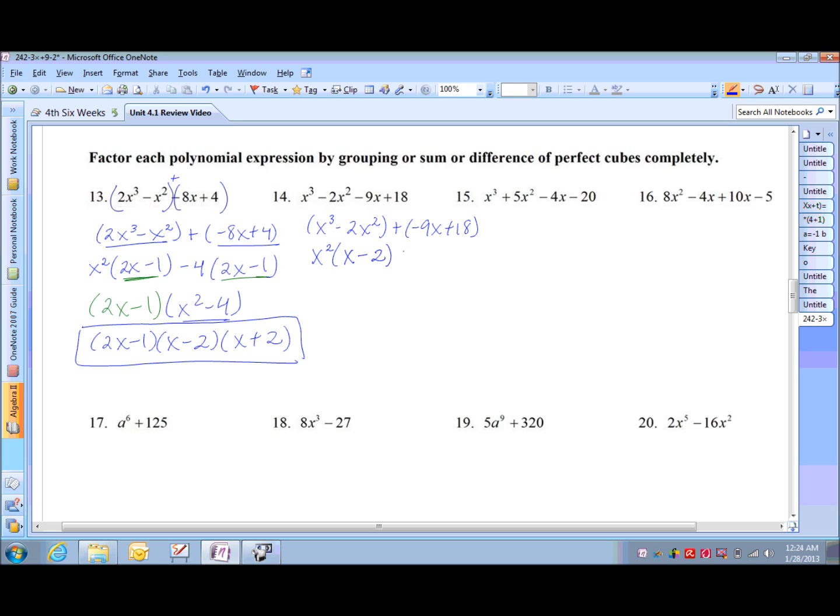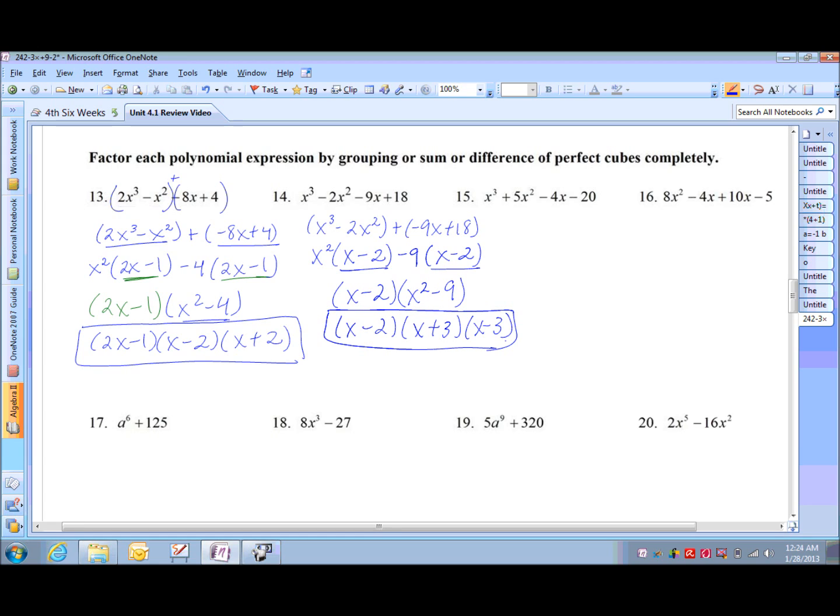In the second set of parentheses, we want to pull out a negative 9 so we can get another x minus 2. Okay, since these two terms have x minus 2 in common, we can pull out x minus 2, and what's left over is x squared minus 9. And x squared minus 9 is a difference of perfect squares, so we can factor that into x plus 3 times x minus 3. And that is your final answer in that problem.